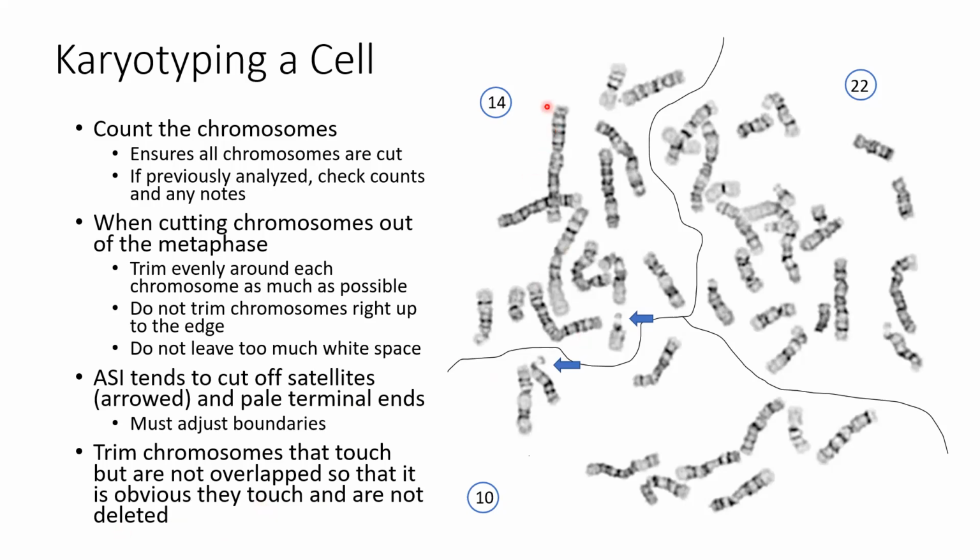So when we're trimming chromosomes that are crossed over, we're not going to karyotype it in the crossover. We have to get that one and we have to get that one. If you were doing this with paper and scissors, you would obviously need 2 copies of the cell to get these 2 chromosomes. Fortunately, ASI makes it a little bit easier than that.